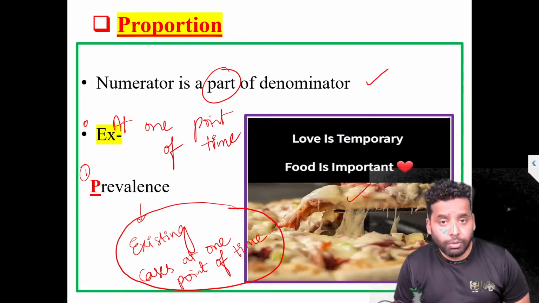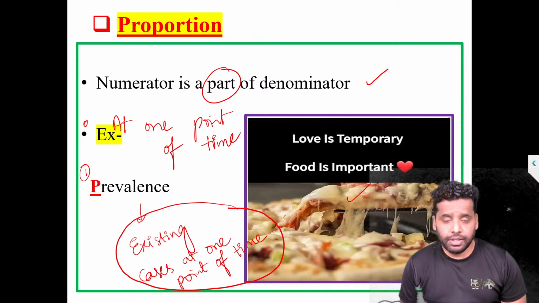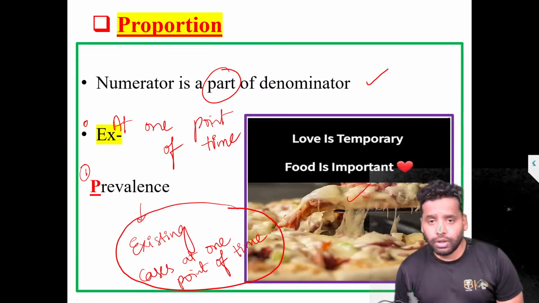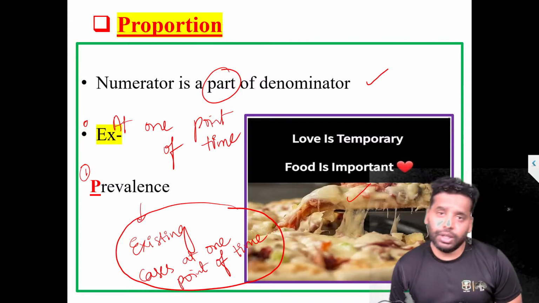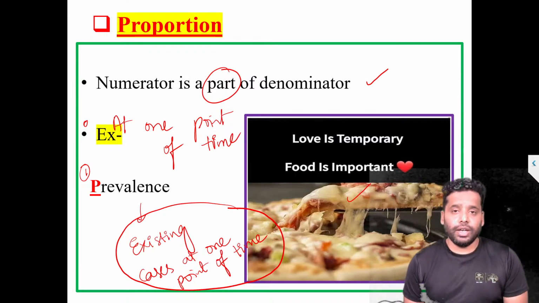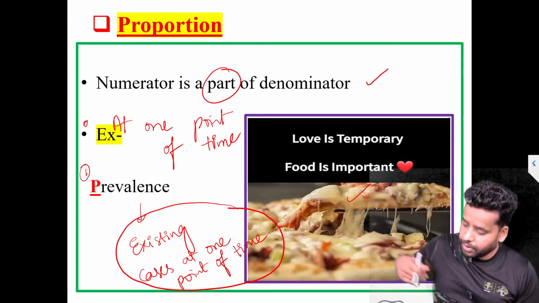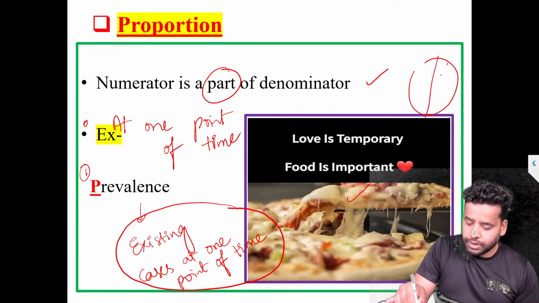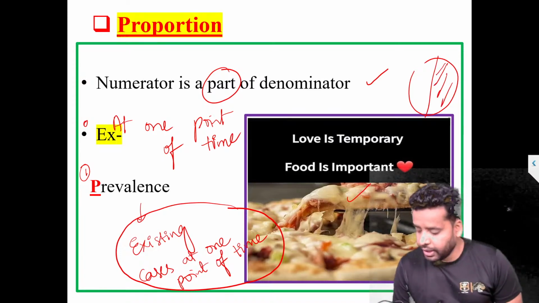If you go to a community and you are studying how many are using contraceptives, it is a very easy question I'm asking. Out of total couples, how many are using contraceptives at that point of time? If 50% are using contraception, what indicator are you calculating?